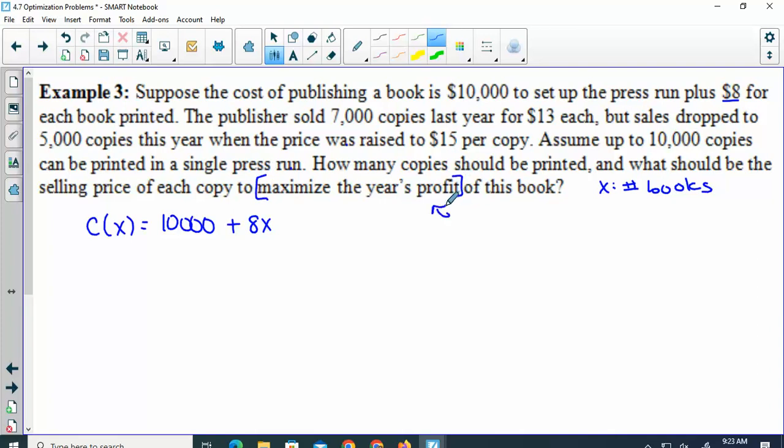And I know that profit is revenue minus cost. I have my cost, but I have to get a revenue function. Where could I get that? What is revenue in general? The amount of money we bring in. And we said that was x times p of x, right?